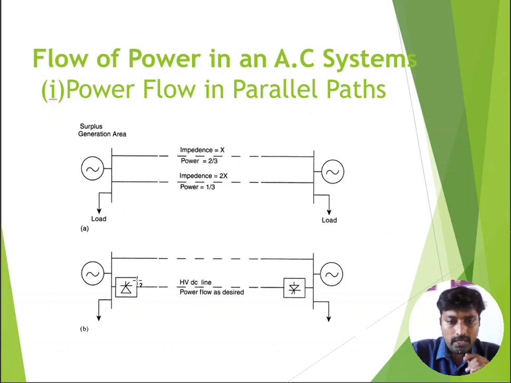That means you are controlling the power in the second line. Once you control the power in this line, automatically the other will be controlled. But the major disadvantage is that this is costly. Then it comes into the picture.